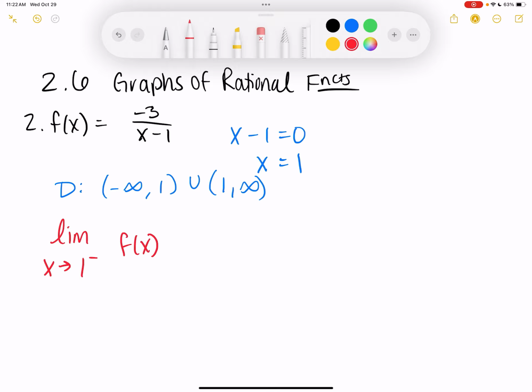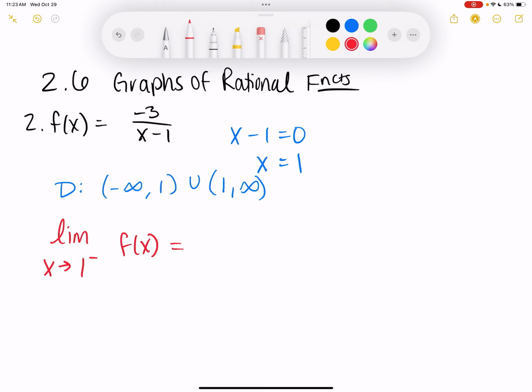So 1 from the left would be like 0.99999. If I put something like that in there, I have negative 3 over a really small number. What happens? A really small negative number. What happens? It's positive. Positive what? 1? Nope. Or 3? Nope.